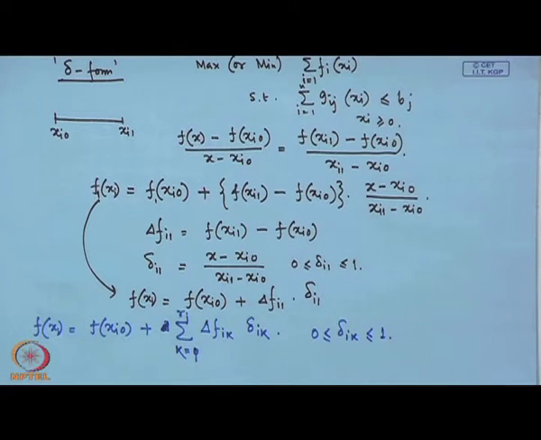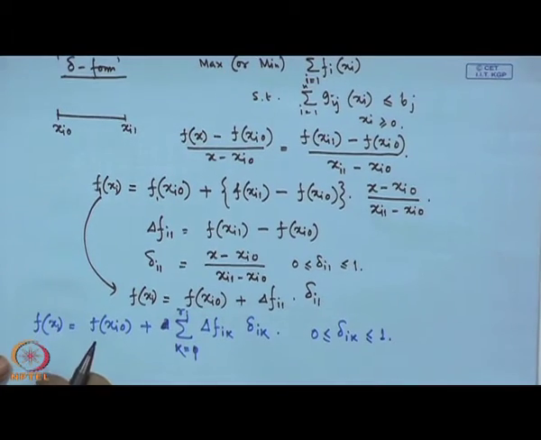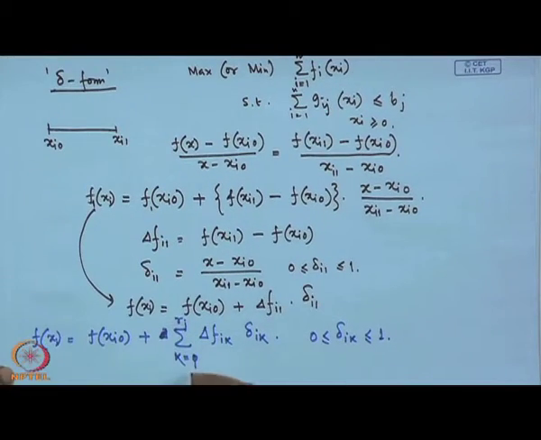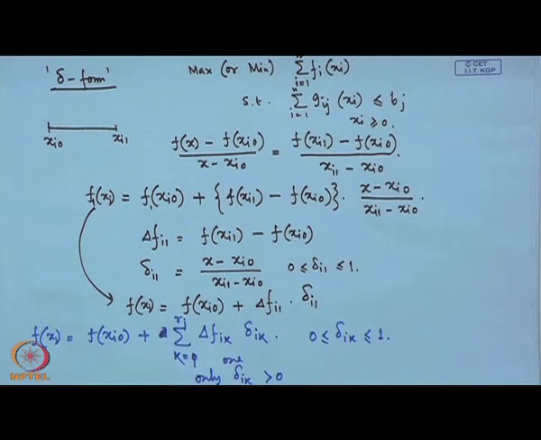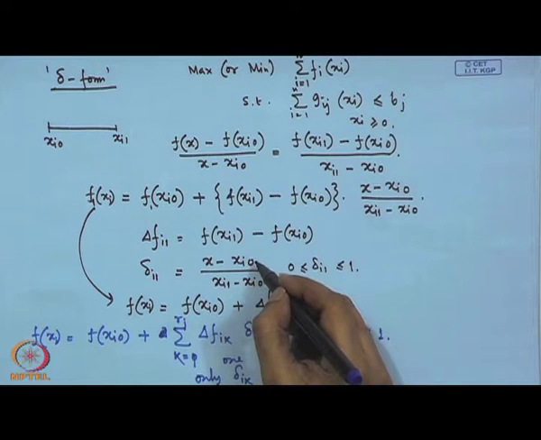Now, instead of going for the lambda form, we can use the delta form as well. One advantage here is that I can impose the rule that only one delta ik is positive at a time, because x can be in any one of the subintervals, and we have considered the proportion of the subinterval.